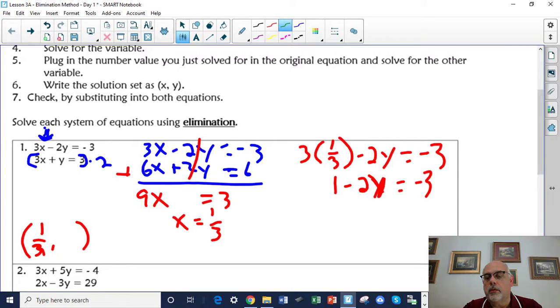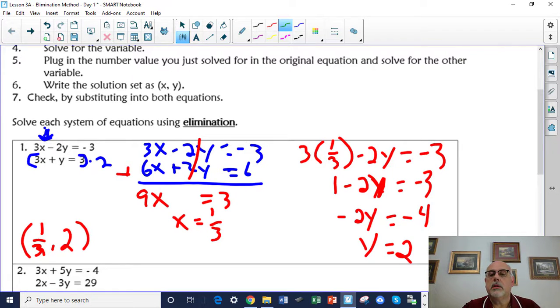So when you move the 1 over, you get -2y equals -4. Divide by -2, so y is equal to 2, and there's the rest of your solution.